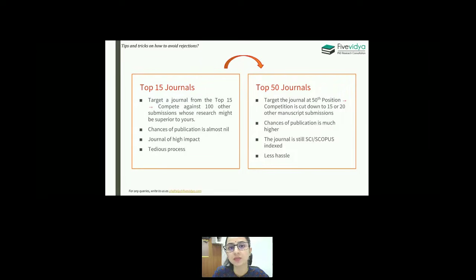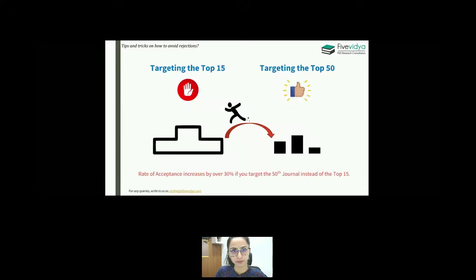So there is no problem if you target the top 50 rather than the top 15, because being in the top 15 might increase your chance of getting the paper rejected. You can target any journal among those top 50, as this will increase your acceptance rate by 30%.